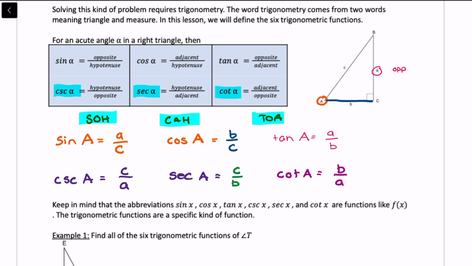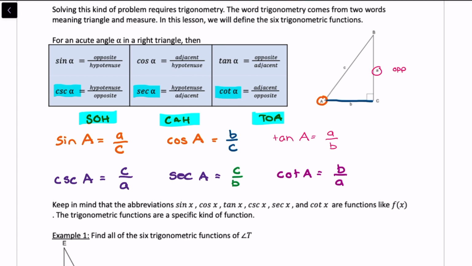If we can just remember that cosecant is the reciprocal of sine, secant is the reciprocal of cosine, and cotangent is the reciprocal of tangent, that helps us find those ratios.